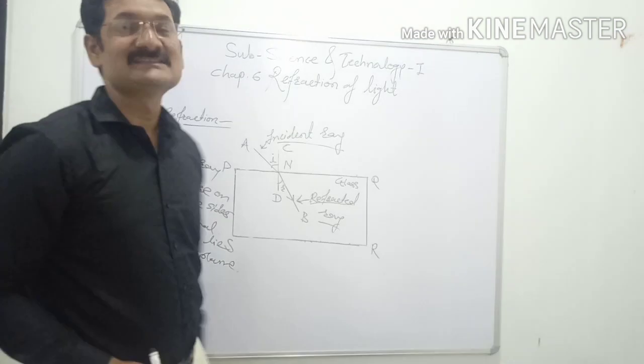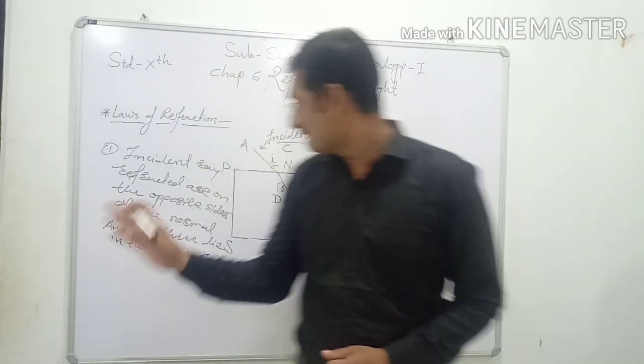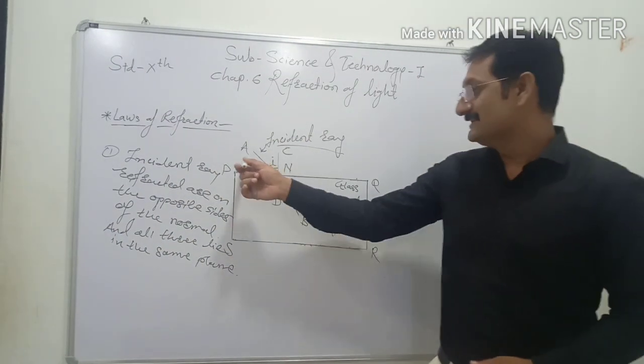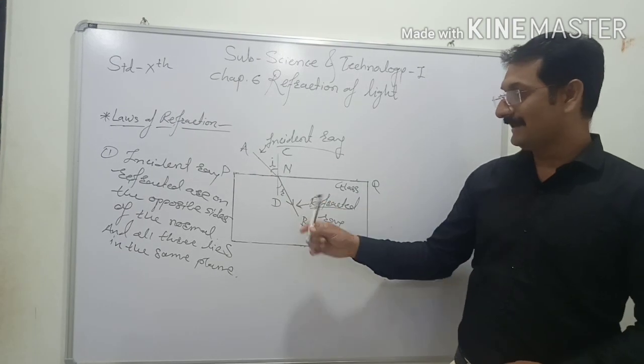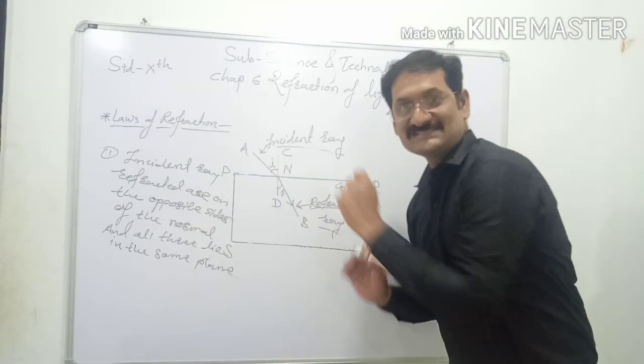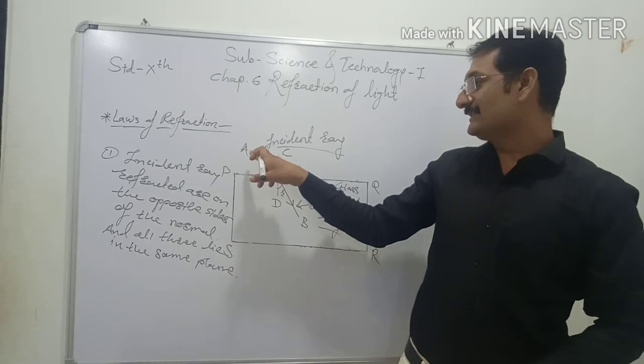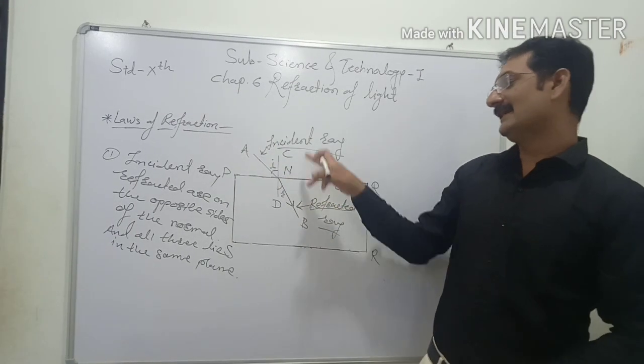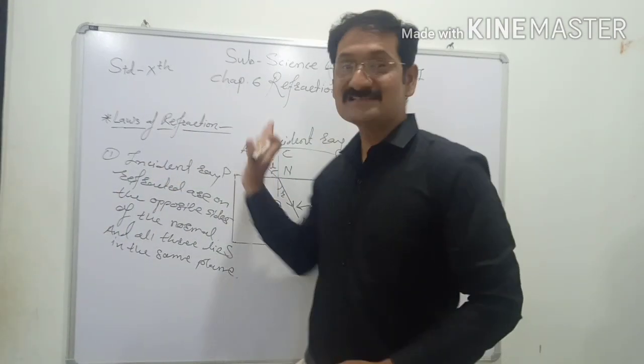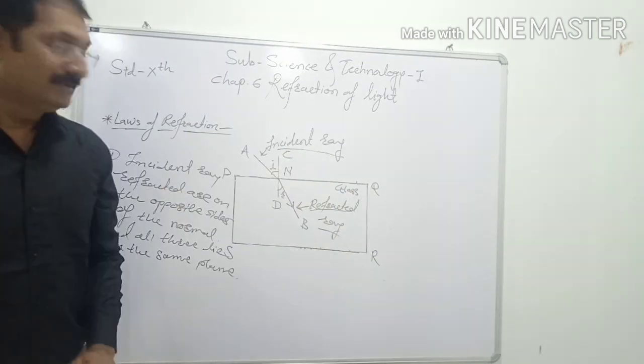This is the first law of refraction: the incident ray and refracted ray lie on the opposite sides of the normal, and all three, the incident ray, refracted ray and normal, lie in the same plane.